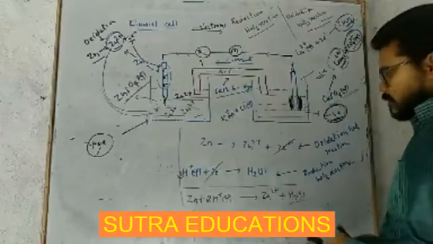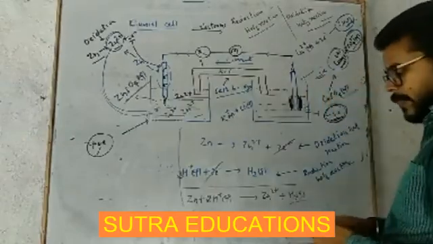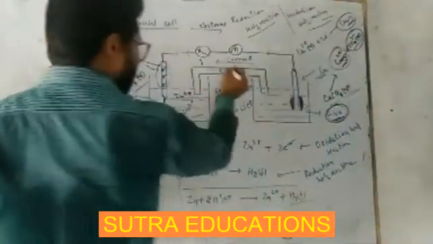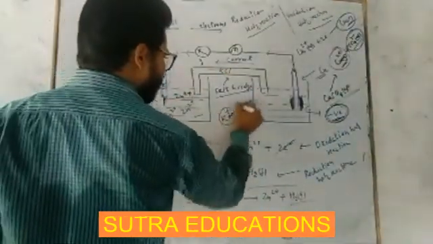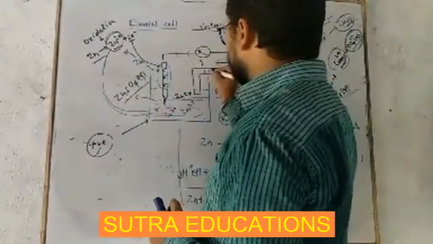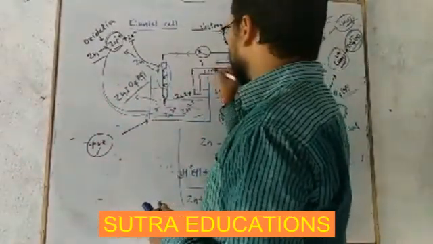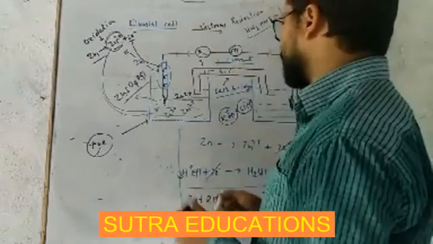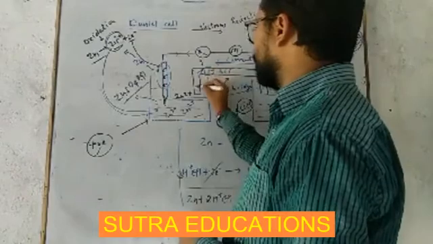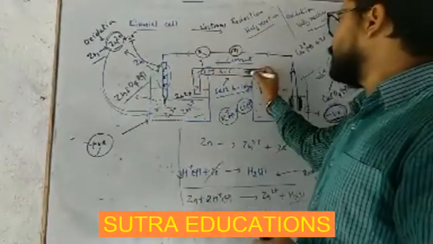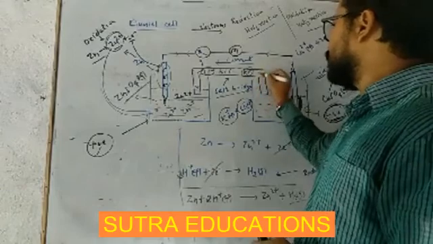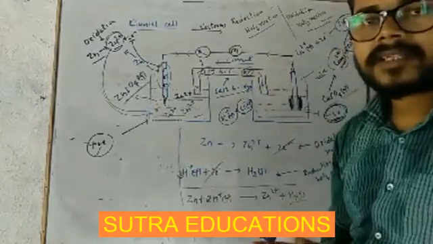So this salt bridge, having KCl, will break into K+ and Cl-. Cl- ion will start flowing into this container, and K+ ion will start flowing into this container. Is it clear?